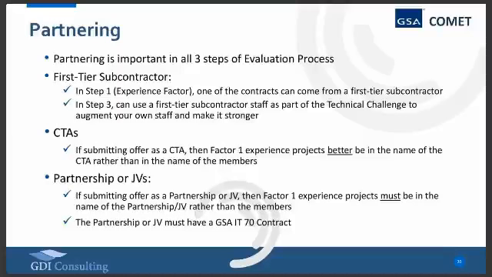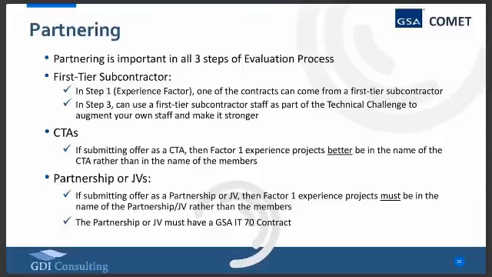So having a first-tier subcontractor is important, and that's why we decided to hold this webinar early, because then companies might have enough time to go and find best-fit tier 1 subcontractors. You can use their qualifications and help on step 2, but I think the most important part is also step 3, where you have to participate in that technical challenge exercise.